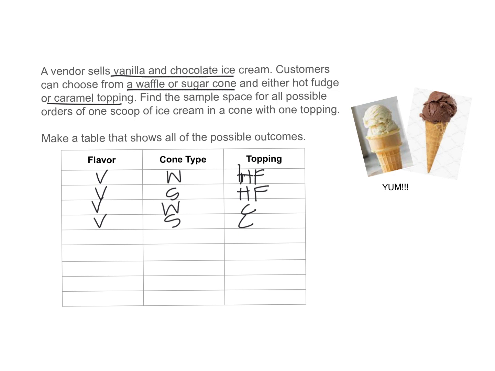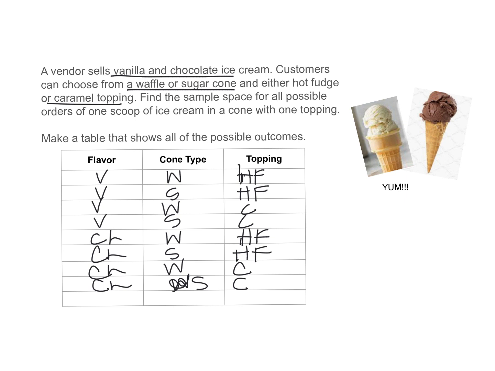We can have chocolate in a waffle cone with hot fudge. We can have chocolate in a sugar cone with hot fudge. We can have chocolate in a waffle cone with caramel, and we can have chocolate in a sugar cone with caramel. We'll make that CH for chocolate.